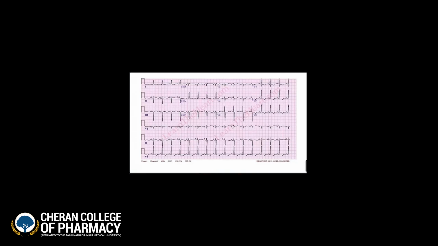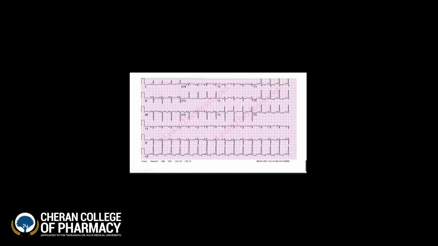Second point: is the rhythm regular or irregular in this ECG? Regular. Okay. What is the formula for heart rate in regular rhythm? I want the fast formula. There are two formulas: 1500 divided by the number of small squares, and the random one, 300 divided by the number of big squares.